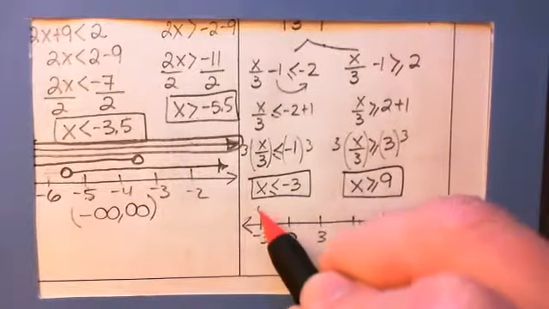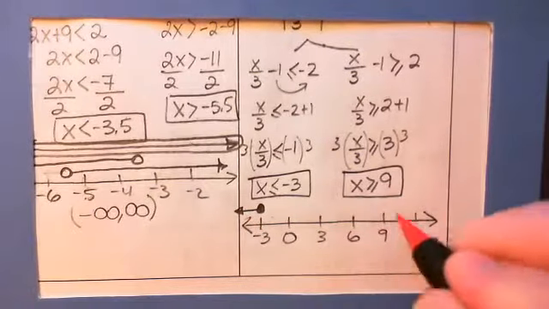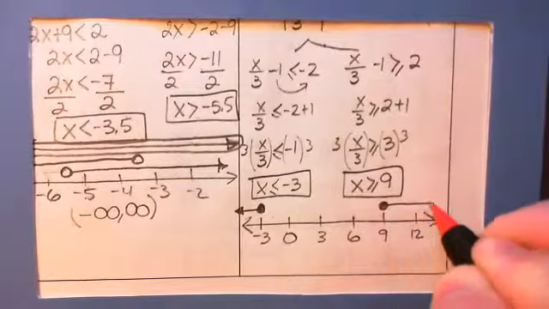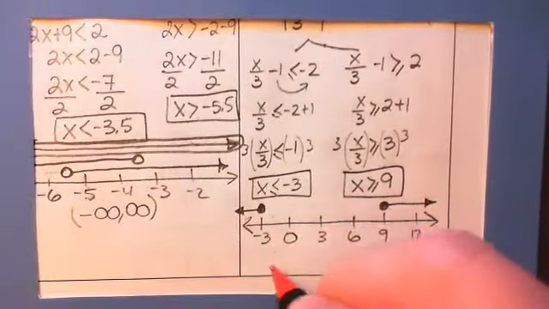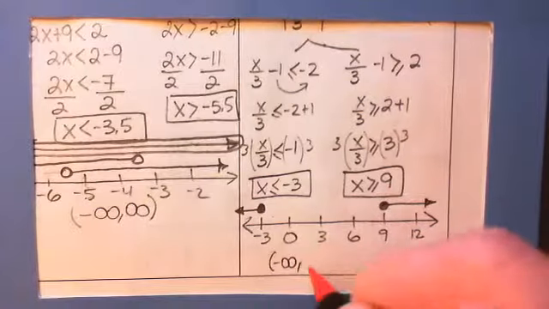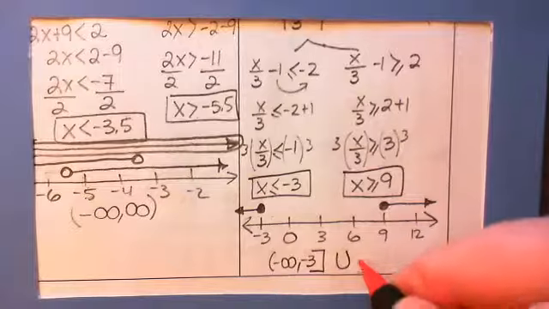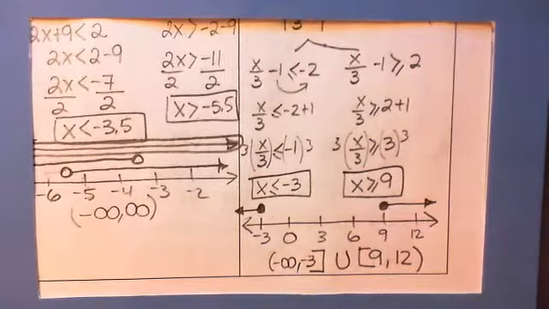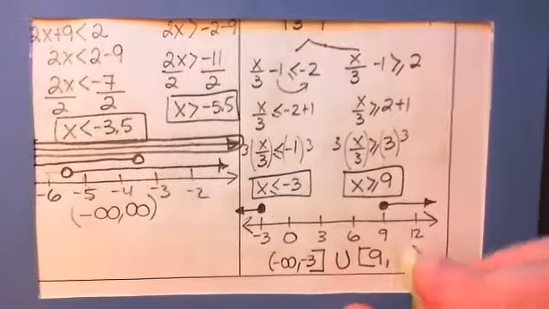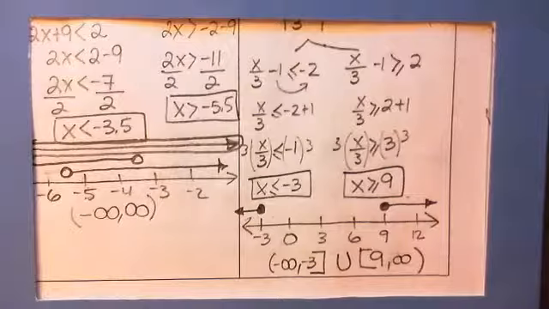So this would be negative 3 with a filled circle going this direction, and this would be a 9 with a filled circle going that direction. So my answer will start at negative infinity going to negative 3 with a bracket, or start at 9 going to positive infinity. Okay, and you close with a parenthesis.